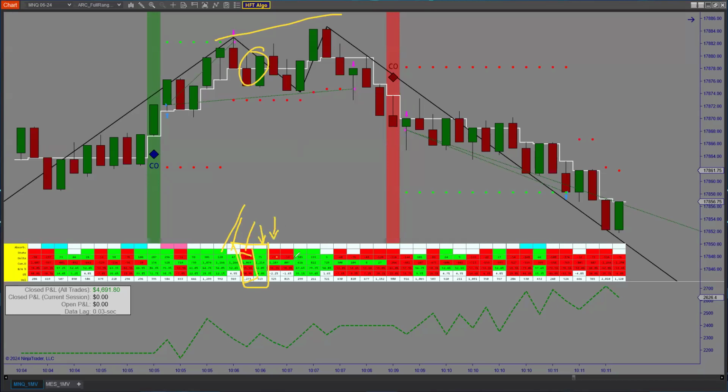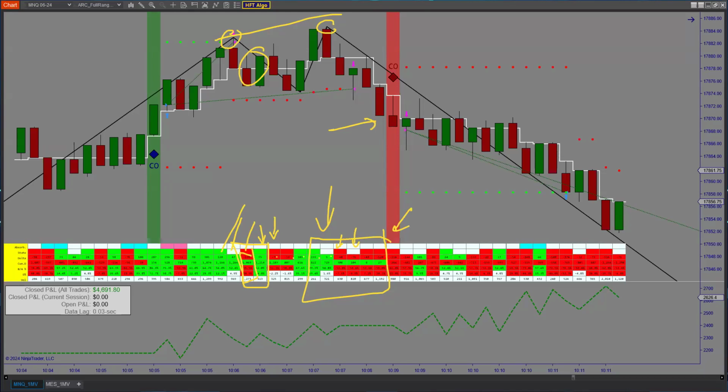We got -7, -13, back to positive, positive, positive, negative, bigger negative. As soon as we flip, where we go from green cumulative delta to red cumulative delta, that's a sign that the rotation has happened and we've got confirmation in confluence across all of those metrics.